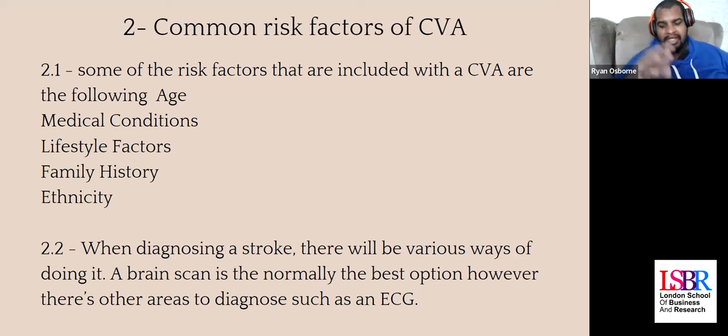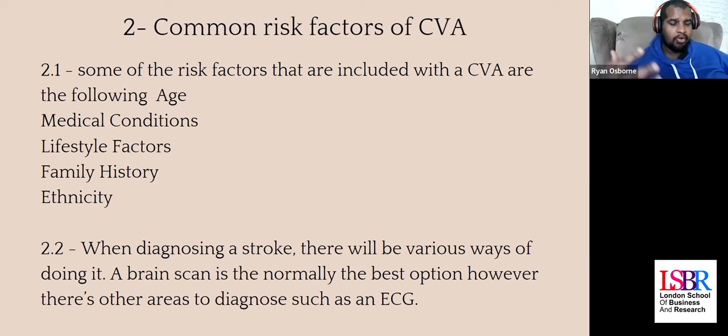So ethnicity is important because certain people come from certain backgrounds and countries, and they have a higher chance of having a stroke. We know within certain cultures and backgrounds that certain people may have sickle cell, high blood pressure, or diabetes.